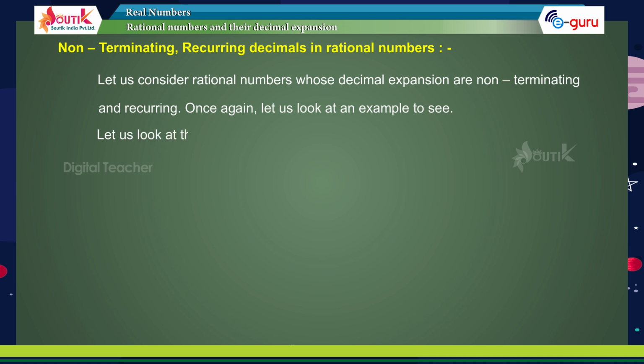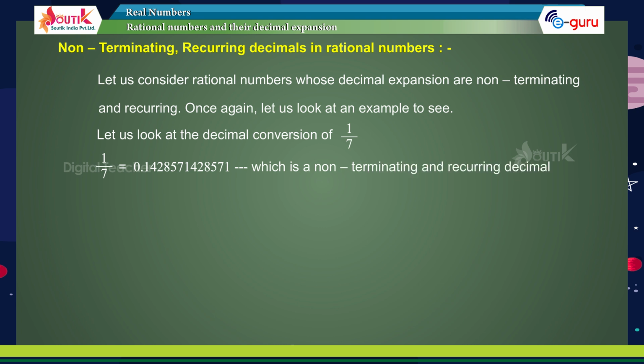Let us look at the decimal conversion of 1 by 7. 1 by 7 equals 0.142857 and so on, which is a non-terminating and recurring decimal.